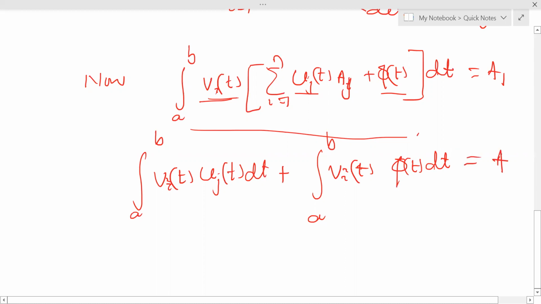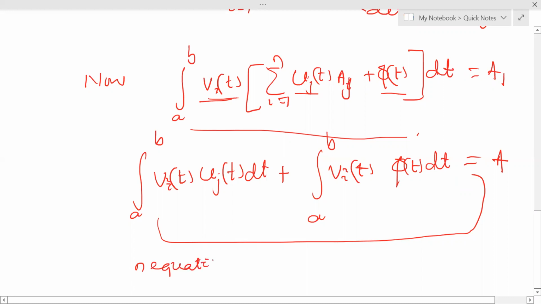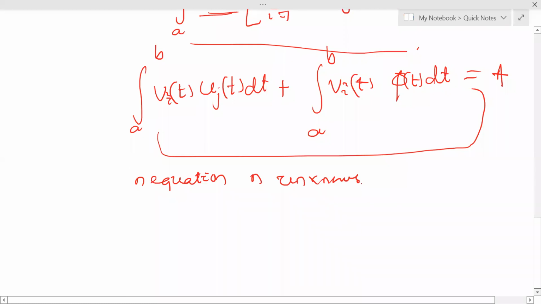This expression represents a system of n equations with n unknowns. The unknowns a_1, a_2, up to a_n are the values that determine this function.